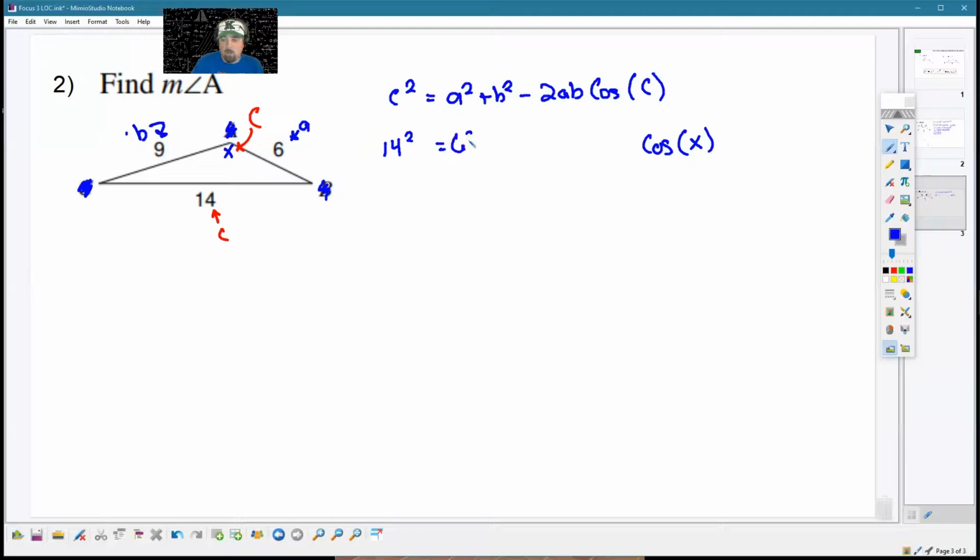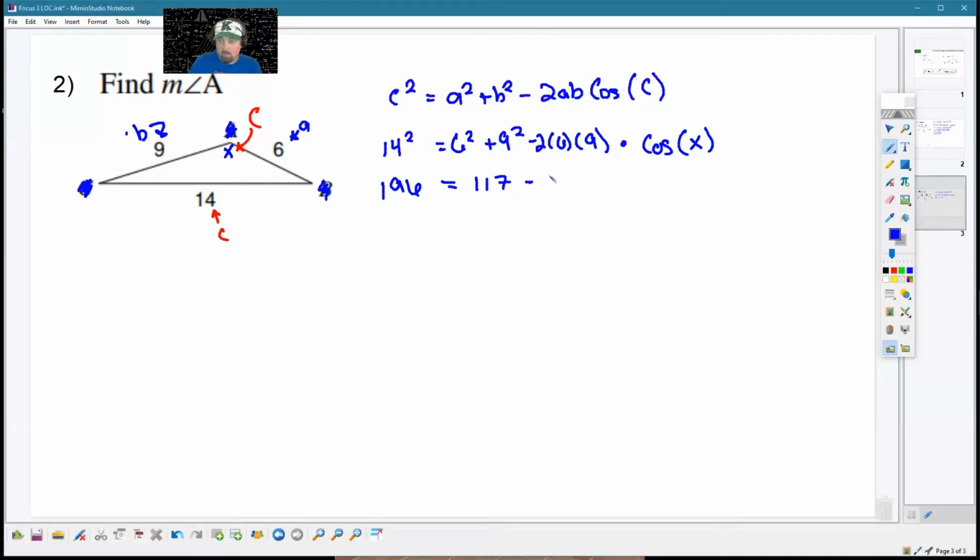And we're going to go 6 squared plus 9 squared minus 2 times 6 times 9, and that's going to be multiplied by the cosine of x. So let's see, that's 81 plus 36, and that's 117. 14 squared is 196. So we have 196 equals 117 minus, and we're going to go 2 times 6 times 9.